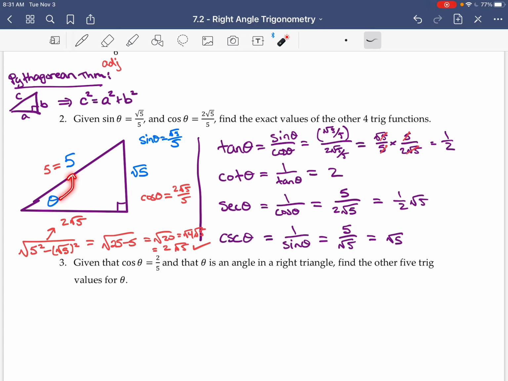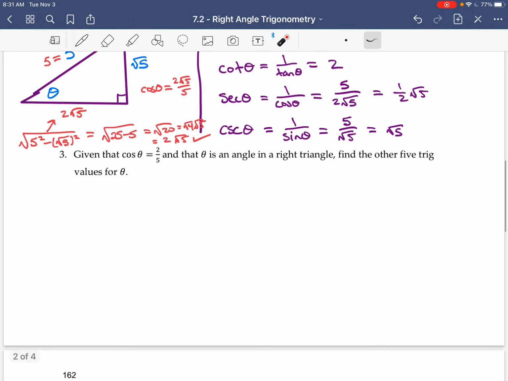Secant is the hypotenuse over the adjacent. So it's 5 over 2 root 5, which is exactly what we have there. And cosecant is the hypotenuse over the opposite. So again, 5 over root 5. So you could do it with a triangle, or you can do it just by knowing how the other trig functions relate to sine and cosine.